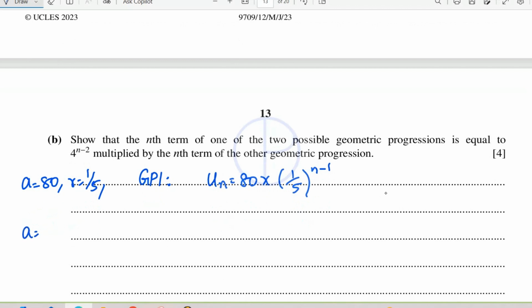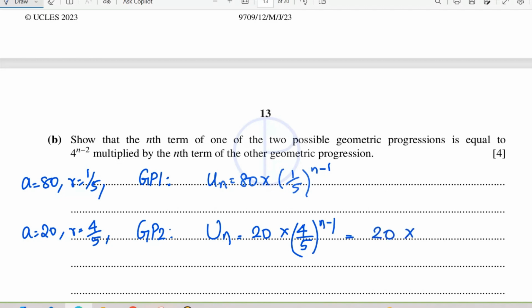So a is equal to 20, r is equal to 4 over 5. The second geometric progression is un is equal to 20 multiplied by 4 over 5 the whole power n minus 1. This can be written as 20 multiplied by 4 power n minus 1 divided by 5 power n minus 1.